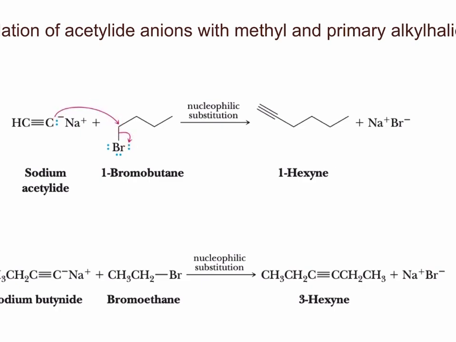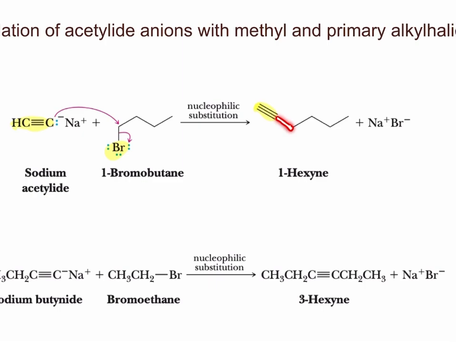In turn, what you see here is in place of where Br is present, you're going to have this group right here. We are able to see that these are the two carbons from the acetylide ion, and we are able to form a new carbon-carbon single bond.